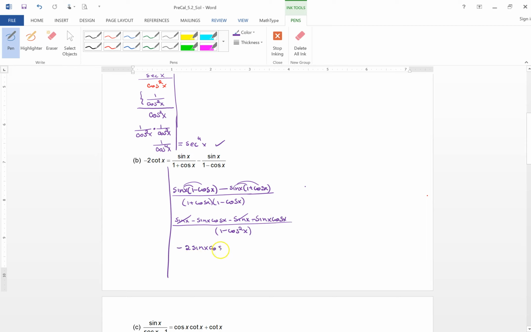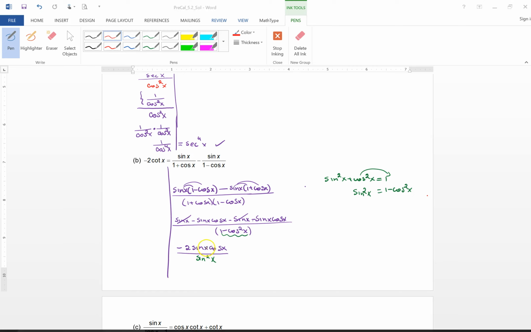What about the denominator? Well, I know that sine squared x plus cosine squared x equals 1, so 1 minus cosine squared x, if I take this to the other side, is sine squared x. So this is sine squared x. Now, more stuff will cancel. A sine x here will cancel with one of the signs on the bottom.